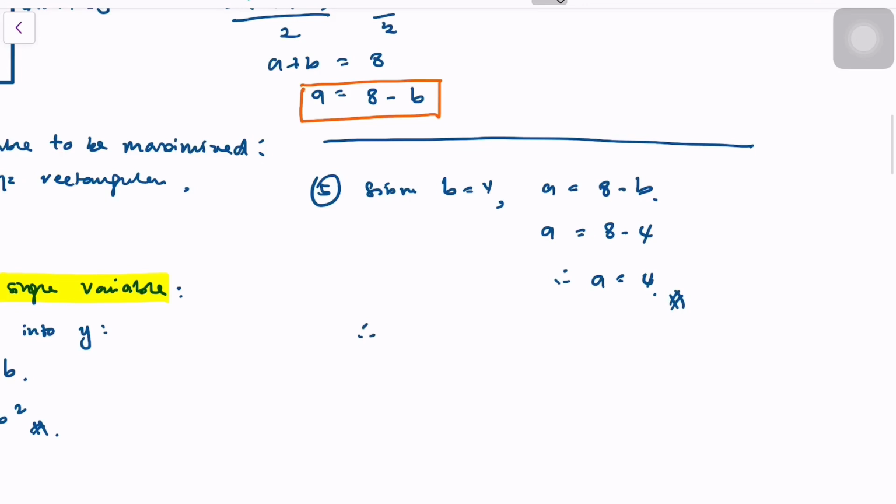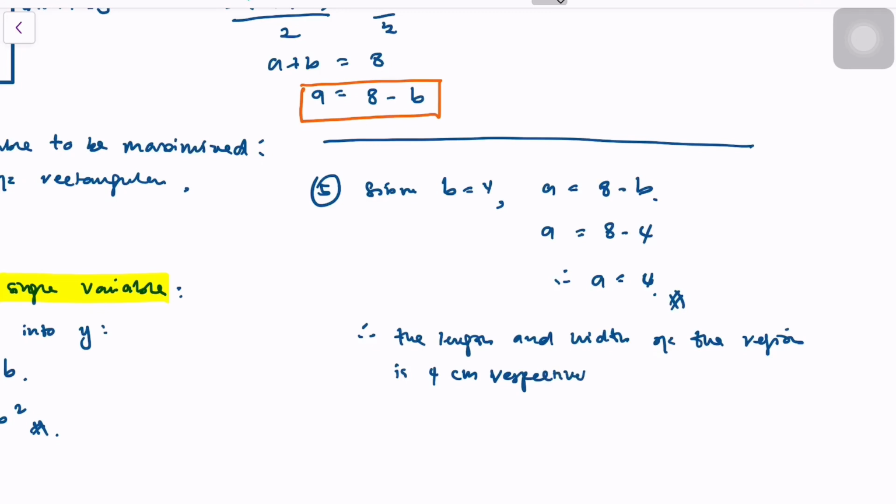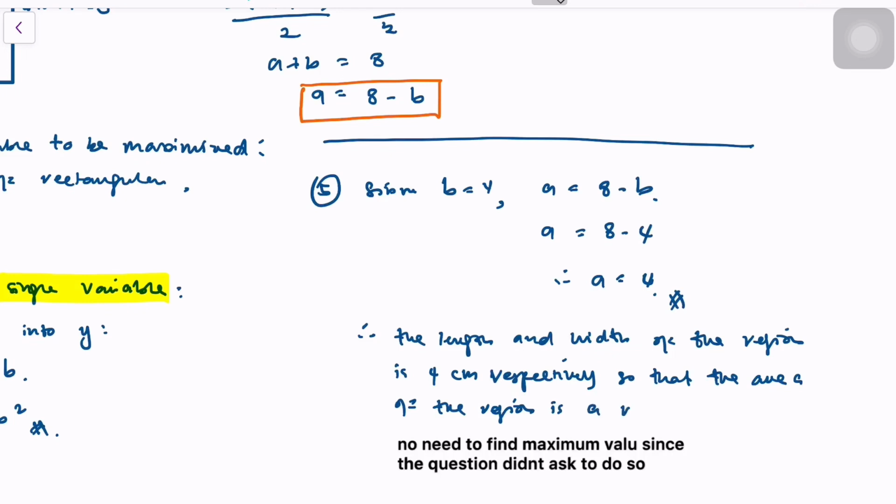Then we can say that the length and width of the region is 4 cm respectively, so that the area of the region is a maximum.